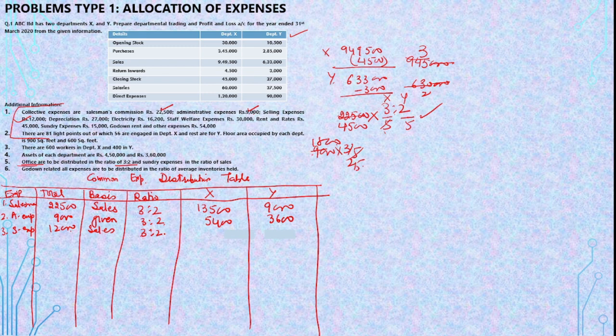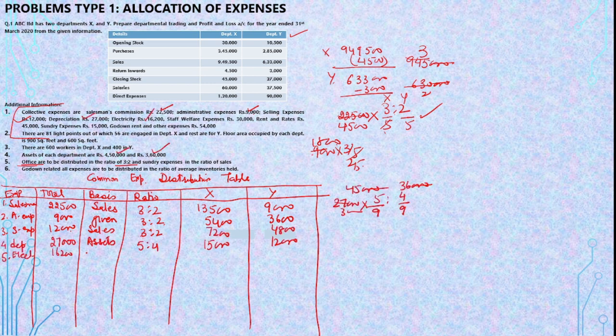Next is electricity. Electricity charges 16,200. It should be based on light points. Light points are given, 56 for X, then how many for Y? If you have total 81, for Y it will be 25. Out of 81, 56 are for X, 25 are for Y. So the ratio is 56 is to 25. This ratio cannot be simplified any further.